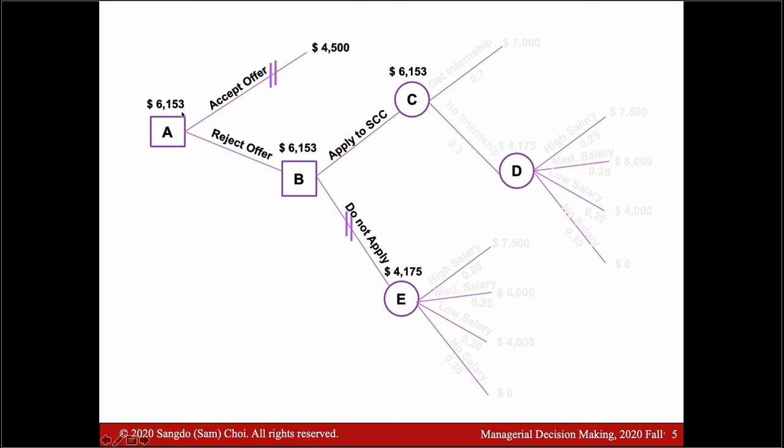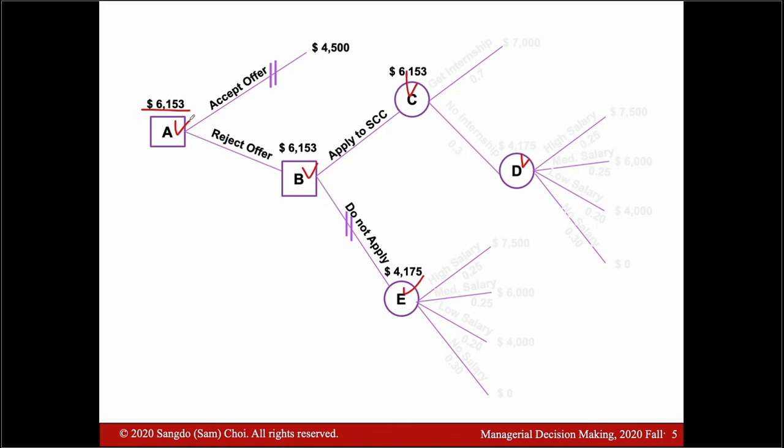You reach the root node A. When you, at the very first, consider this decision node, and then you roll back. For an event node, you compute the expected value. For a decision node, you choose the best one. Finally, we reach the root node.